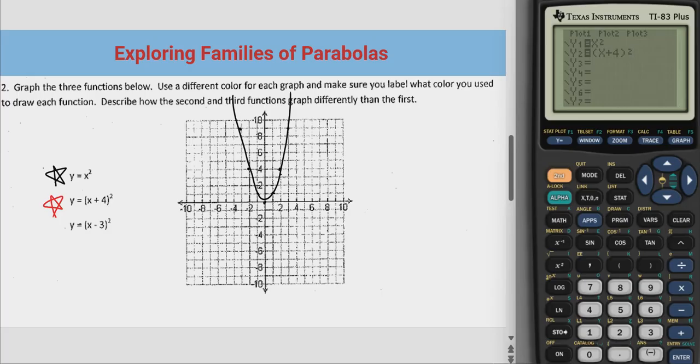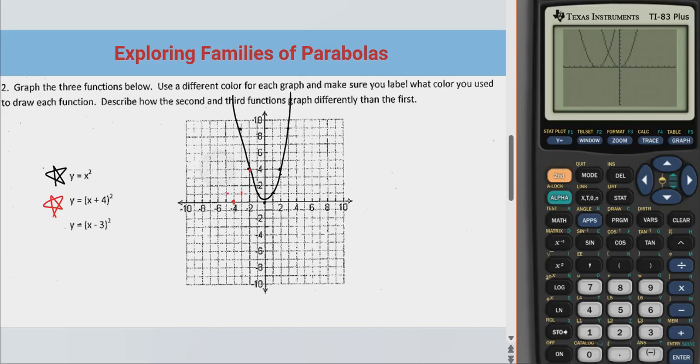Right, so here is x plus 4 all squared. So let's graph that up. There's my x squared, and then x plus 4 squared. And what we see is this actually shifted the graph to the left 4 units, which is kind of surprising, at least to me, because it is x plus 4.